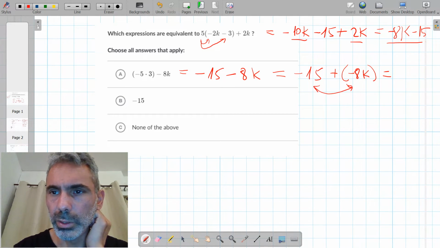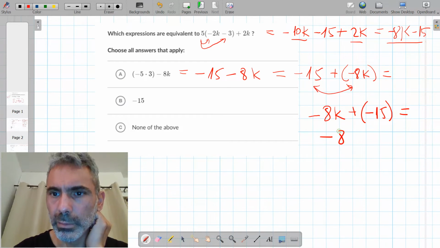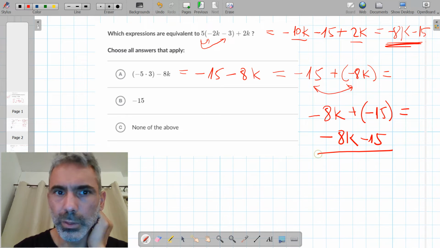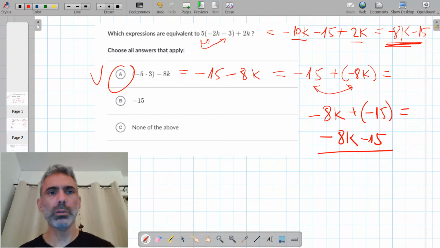So this expression is equivalent to minus 8k plus minus 15, which is the same thing as minus 8k minus 15, which is what we have here. So option A is good.